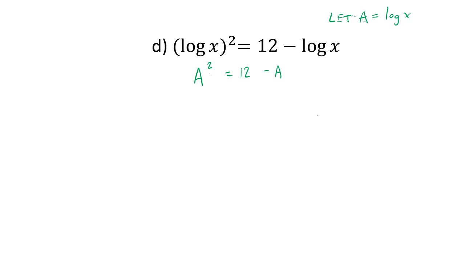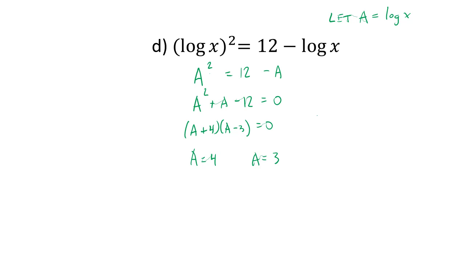Now this still might not be clear, but if we rearrange this to say that a squared plus a minus 12 equals 0, now we see clearly that this is a quadratic. And I could totally factor this. I could say that this is a plus 4 and a minus 3 equals 0. So I have two statements then, and that's that a could equal negative 4 and that a could equal positive 3. That's the zero product property I applied there.